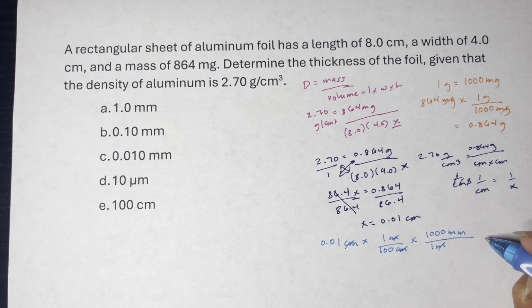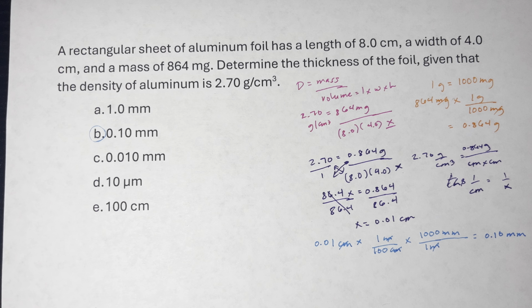So that will be 0.01 times 1,000 divided by 100. I get 0.10 millimeters. Okay. Note that we do have 2 significant figures because the smallest number of significant figures would be a 2. Okay. And so our answer in this case would be B.